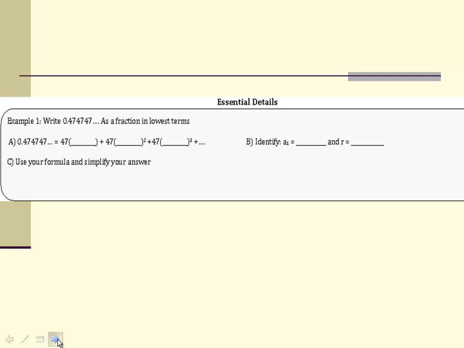The way this works, 0.47, if you notice, 47 repeats every hundredth. So every 2 decimal places. Now, hundredth is 0.01. To get the next one, I'm going to do 0.01 times another 0.01 to move it back 2 more places, or 0.01 squared.